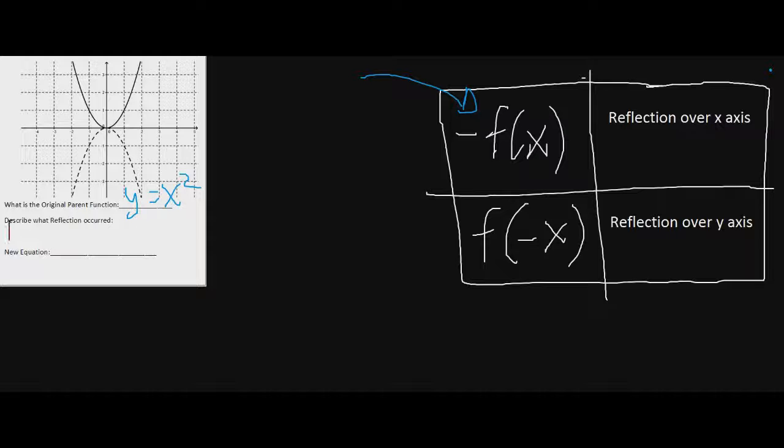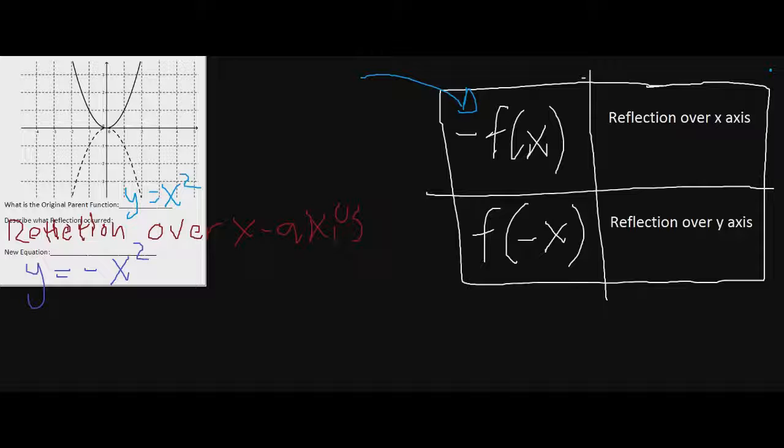Well, this is a reflection, sorry, this is really bad spelling, over the x-axis. Now when I go to find this equation, all we're doing is multiplying the outputs by a negative. So I'm just going to do y equals, and we just put the negative on the outside. We're multiplying our outputs by a negative.